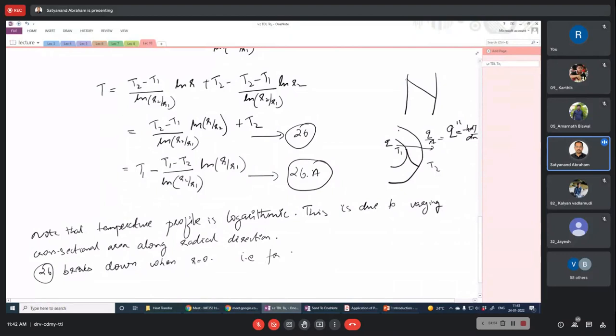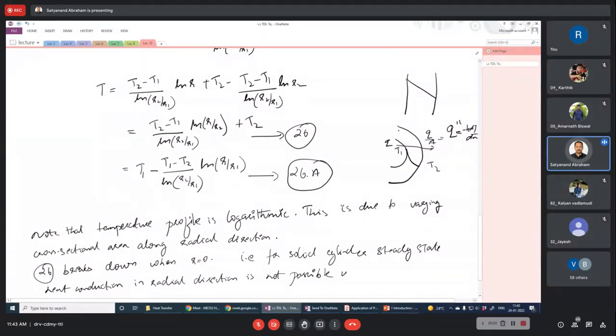So for a solid cylinder, steady state heat conduction in the radial direction is not possible without heat generation or storage.